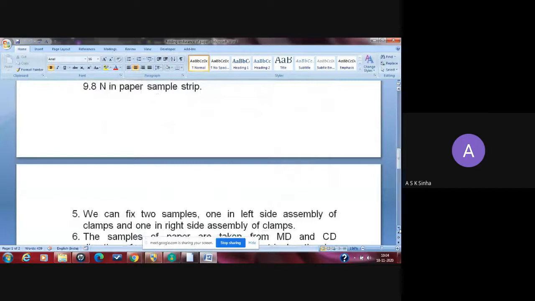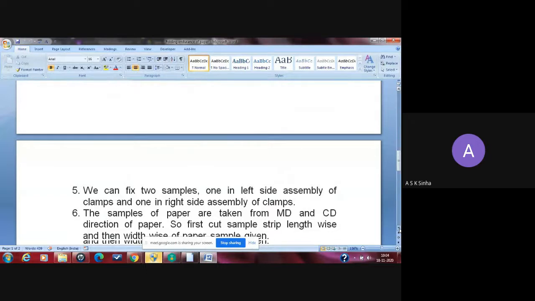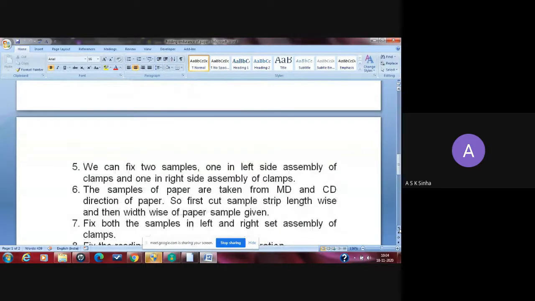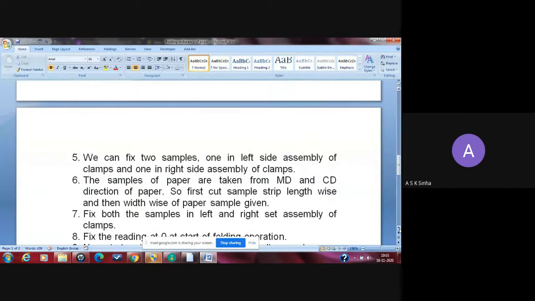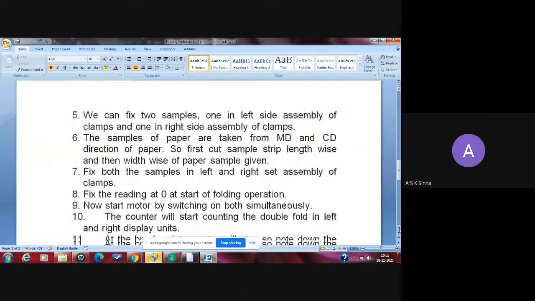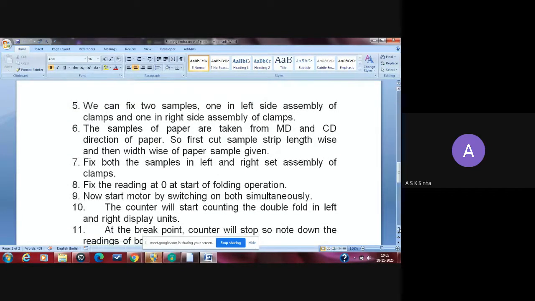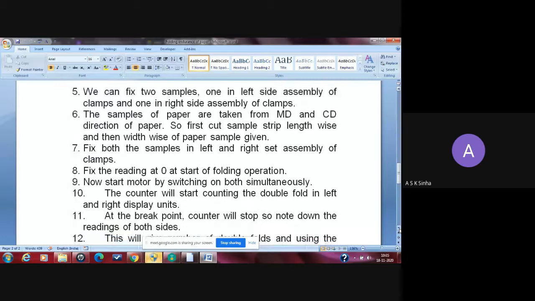The fifth step is that we can fix both samples, one in the left side assembly of the clamp and one in the right side assembly. That means one sample will be of the machine direction, another of the cross direction, and both samples are placed together in the machine. So basically two readings will come from the left and right side of the assembly, one measuring the machine direction, another the cross direction.